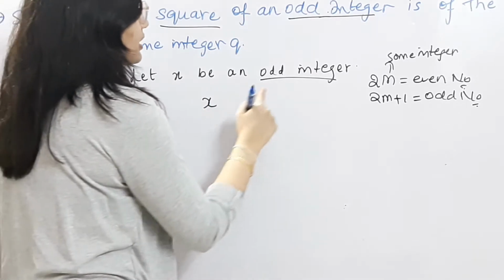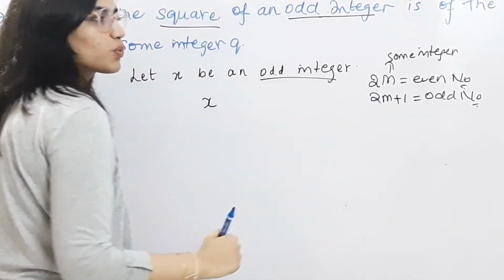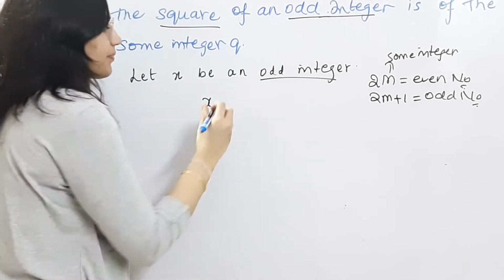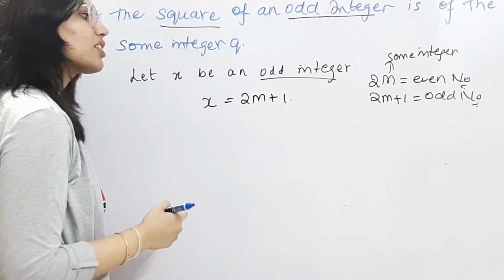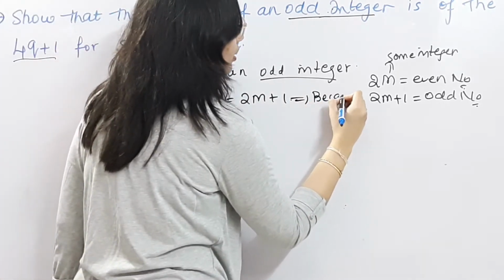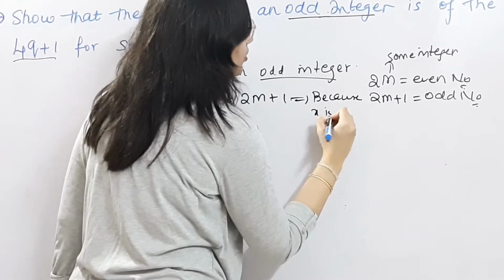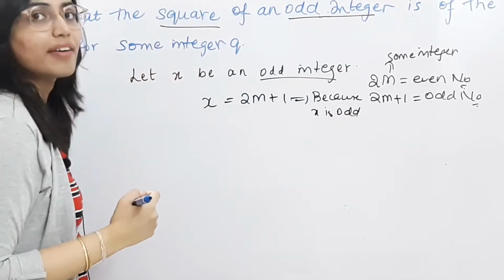So he said x is an odd integer, so it can be in the form of 2m plus 1 for some m. So we can say x is equal to 2m plus 1 because x is odd.